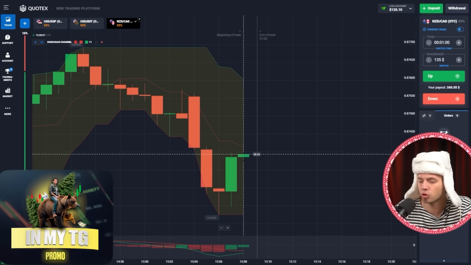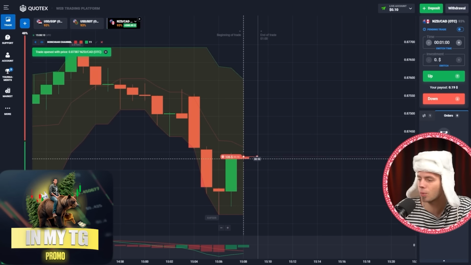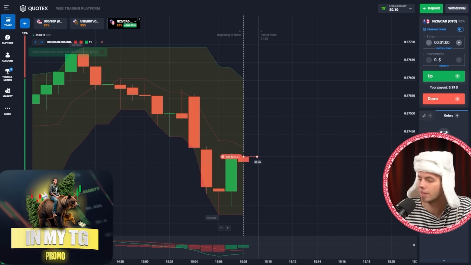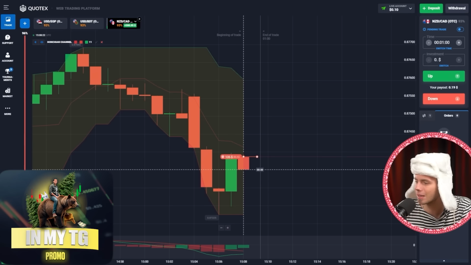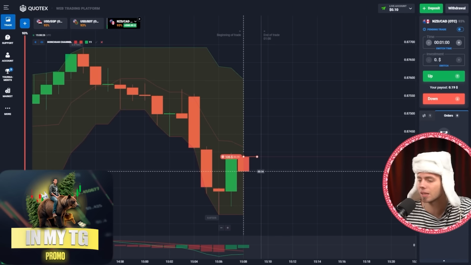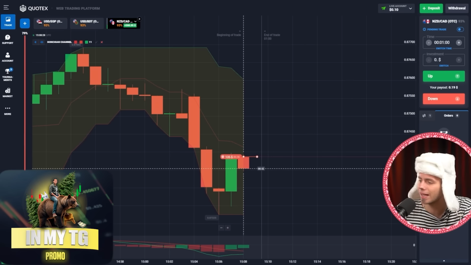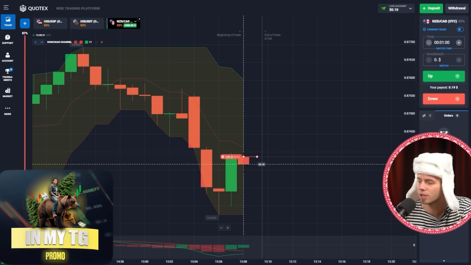So according to the MACD indicator right now, we are in a downtrend over here at the moment, and therefore we consider short trades here right now. And yeah, we also failed to break through the middle line of the channel.